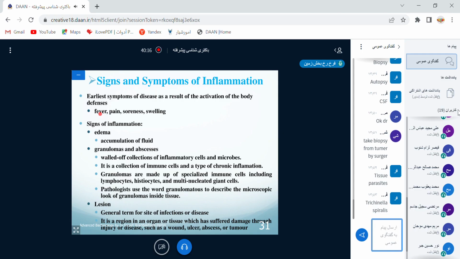But when the temperature goes to 38, 39, 40 degrees centigrade, the growth and multiplication of pathogenic bacteria will be minimum.